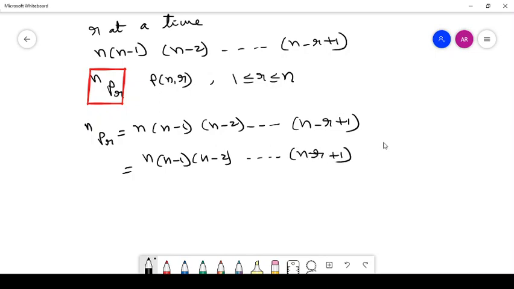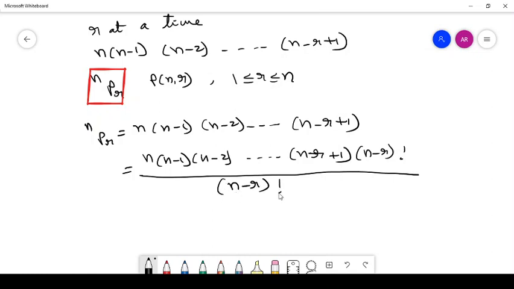Here we multiply and divide by the same number, n minus r factorial.